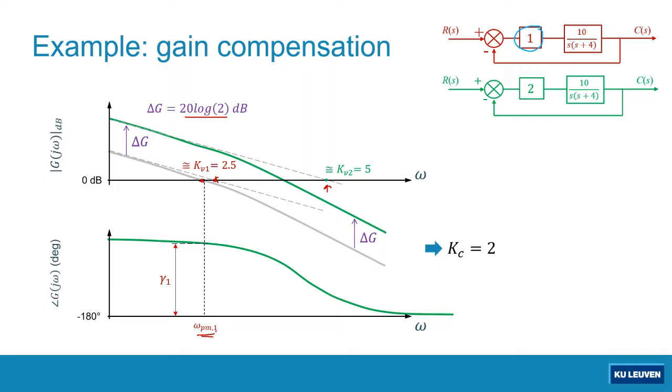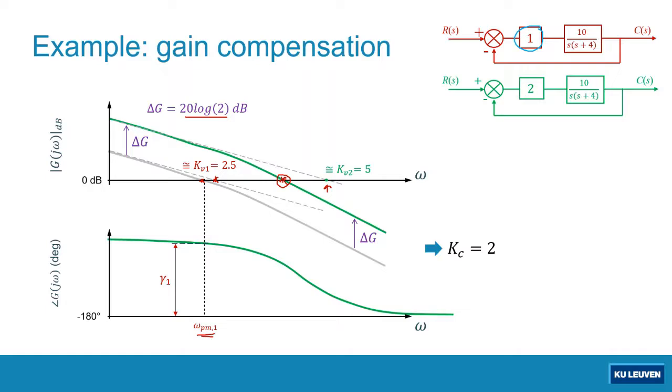What will happen after I tune the proportional gain from 1 to 2? In the new system, my magnitude plot is the green one here. This green curve will cross the 0 dB line at this point, which again is my new phase margin frequency.